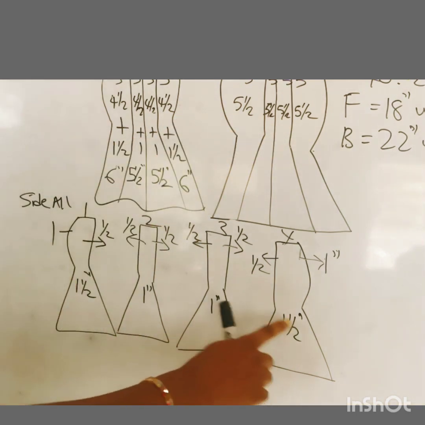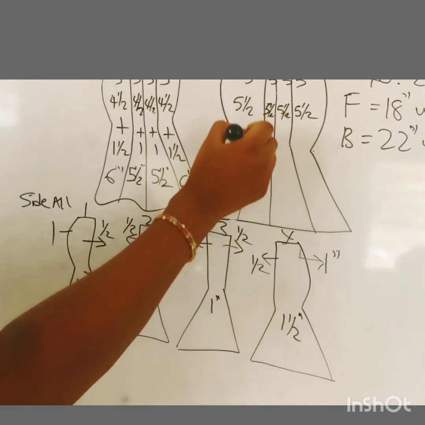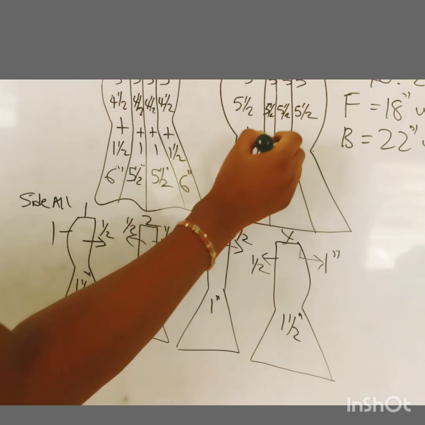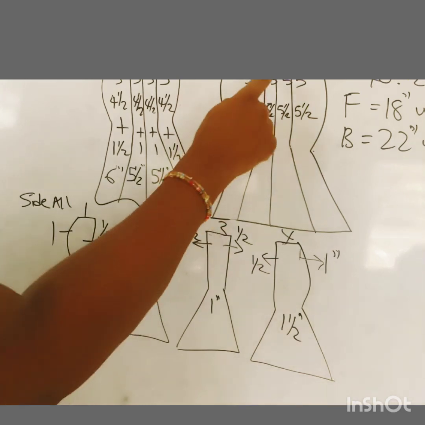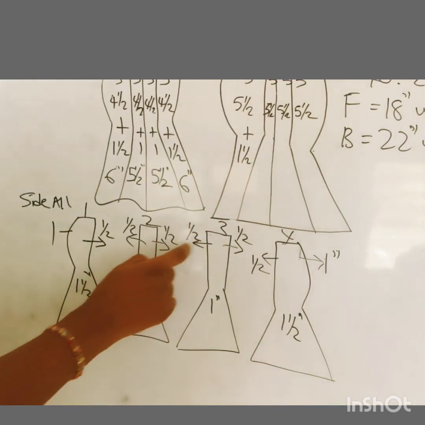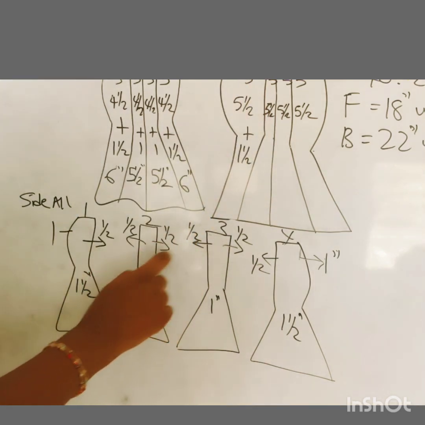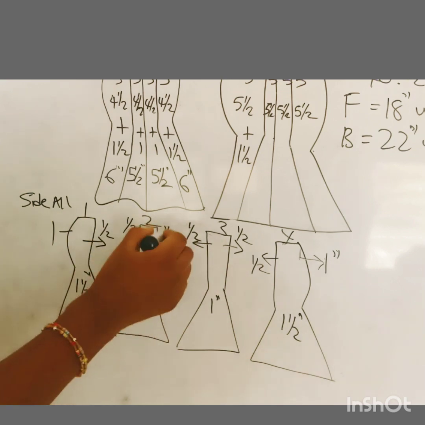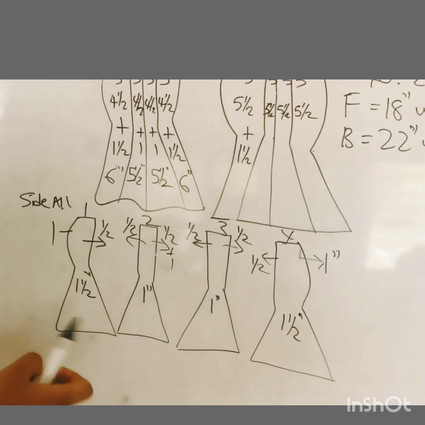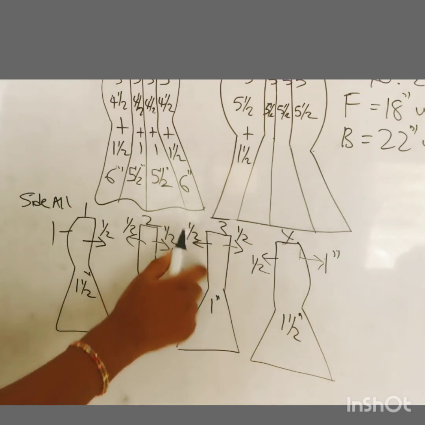using the same explanation, plus 1.5 plus, for the back we have zip allowance. Remember, there is zip allowance. Okay, so instead of half here, plus 1 again. So instead of half, plus 1.